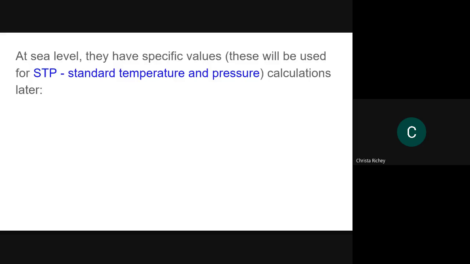So at sea level, which we're not at, we're about 721 feet above sea level. I had to look that up today for my Earth space class because I didn't know what the elevation was here. But if you're at the beach and you are at sea level, you're going to be at what's called standard pressure. Standard temperature is a very specific temperature. It's about room temperature for us, 20 degrees Celsius. You don't need to know that part quite yet. But what you do need to know is that these are all equal to each other.